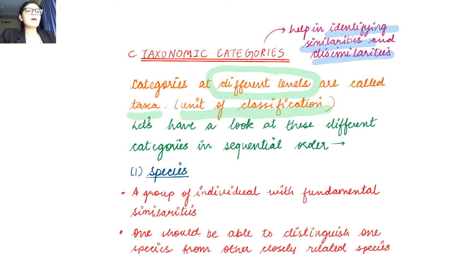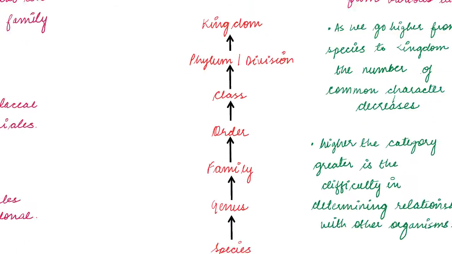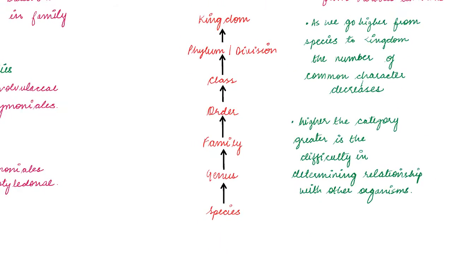Okay? But before we actually look at the categories in detail, let's have a look at the basic trend. Okay? So, the basic trend goes kingdom, phylum or division, class, order, family, genus and species. So remember I said I had a handy mnemonic for you. This is how it goes.